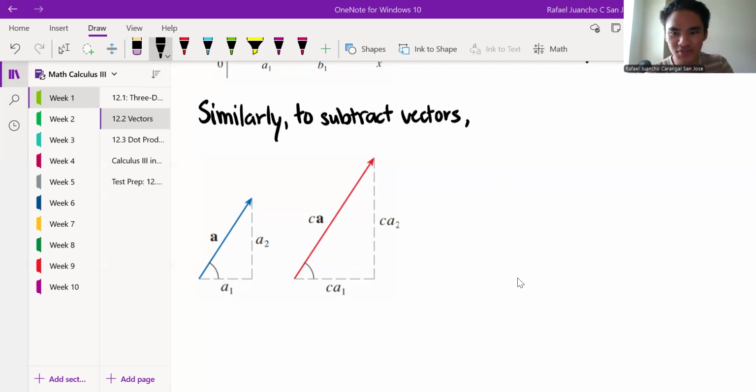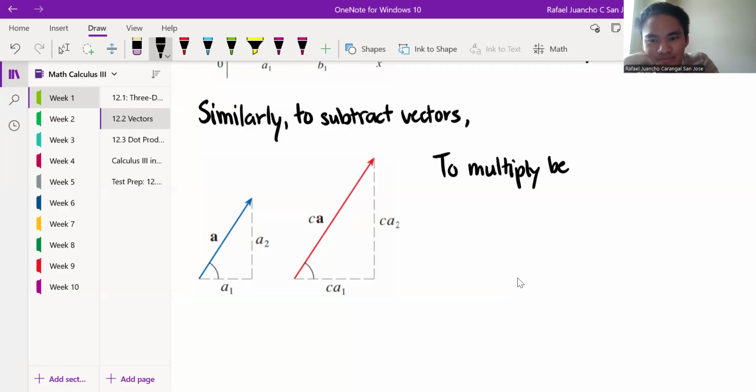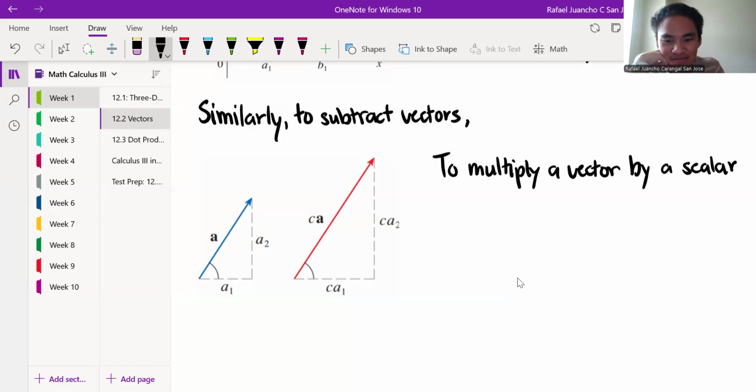Okay, so it says here, and then this is a bit of jargon, tongue twister. To multiply a vector by a scalar, so like C times V, right?